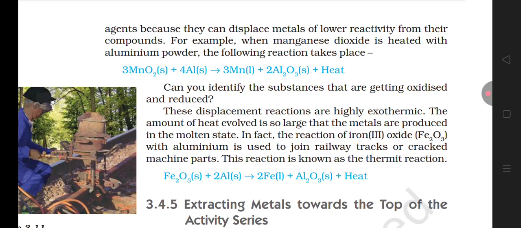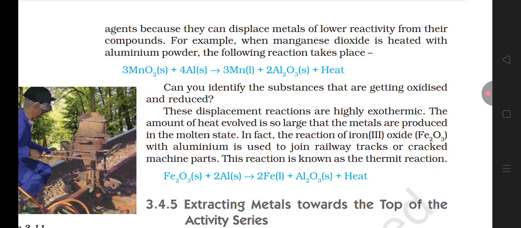Because of this, you must have seen that when railway tracks are broken, a displacement reaction is carried out between iron oxide and a metal which has more reactivity than iron. When the displacement reaction occurs, the iron is obtained in the molten state, so they can quickly join the railway tracks.